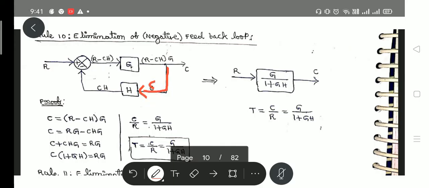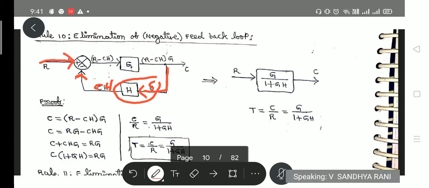The input of H is C. After this, these two are in cascade, so I am multiplying C into H here. Here C into H. Here the input is R, and here minus is there.